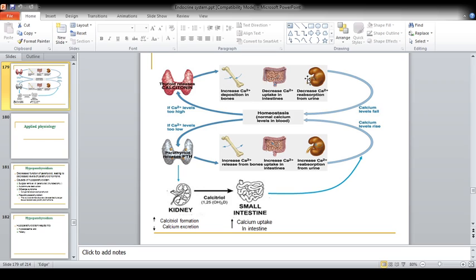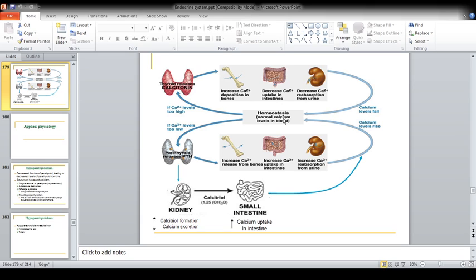All of these effects of calcitonin would result in decreased level of calcium. Calcium level would fall in the plasma, and this would equalize the effect due to which the calcitonin was being released. So calcium was increased, calcitonin was released, it decreased calcium, now the calcium is at normal level again.